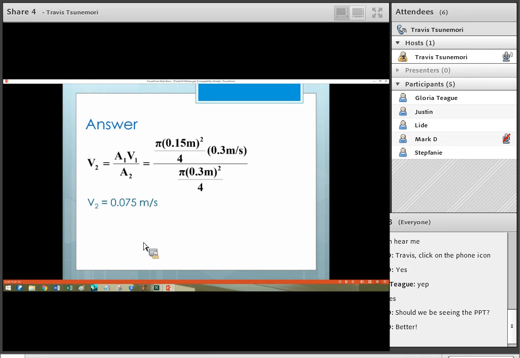And we've also got to check our units, right? That's something that's going to be important as we go through here, is to check our units and make sure that we've got them consistent, especially when we go to the English units. And you can expect problems in either metric or English on the exam. So if we solve that, then our velocity in the second portion of the pipe is 0.075 meters per second.